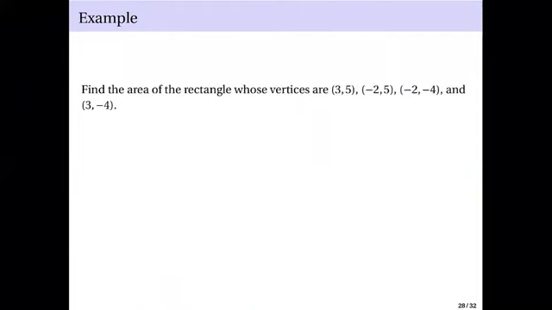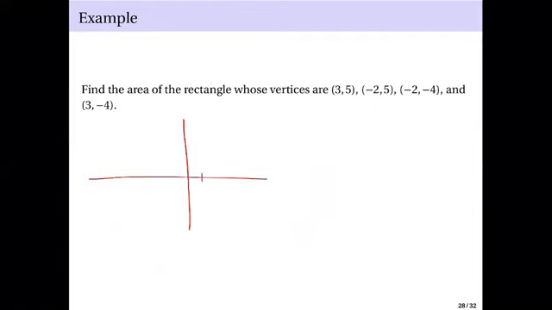Find the area of the rectangle whose vertices are 3, 5, negative 2, 5, negative 2, negative 4, and 3, negative 4. So again, let's try to visualize this. You have the Cartesian plane. We need 3, 5.